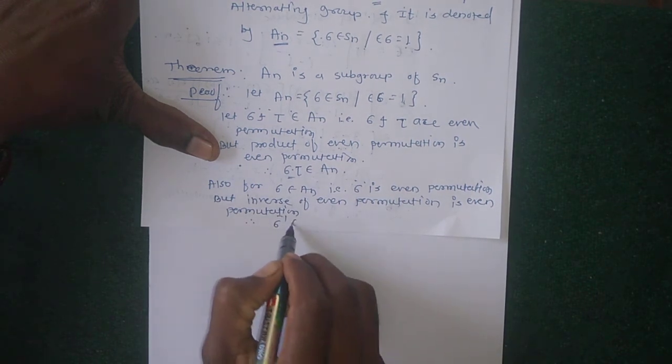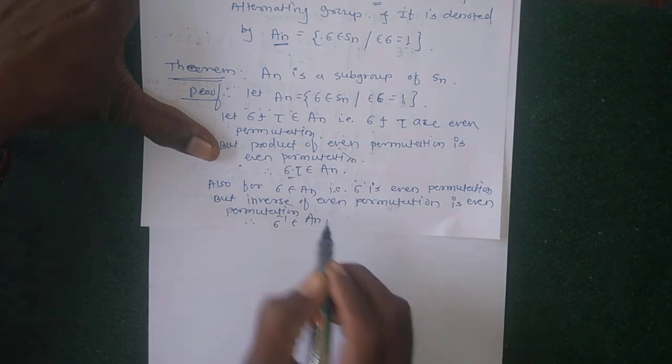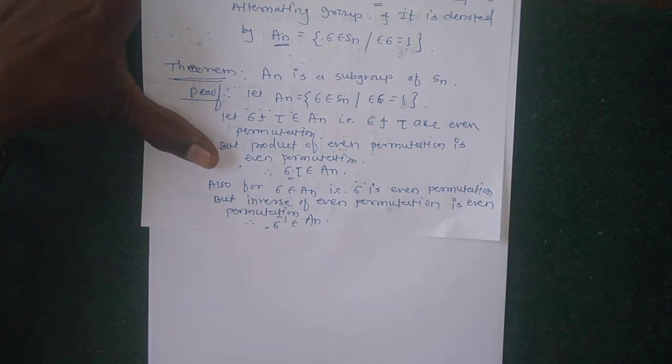Therefore sigma inverse also belongs to An. Why? Because sigma inverse is also an even permutation and An contains the set of even permutations.